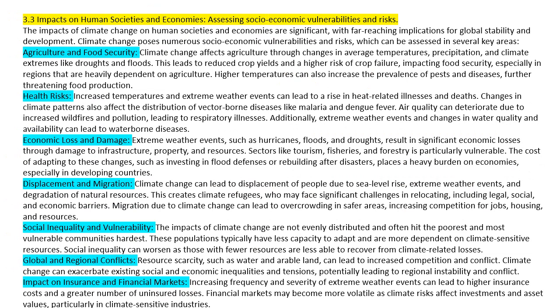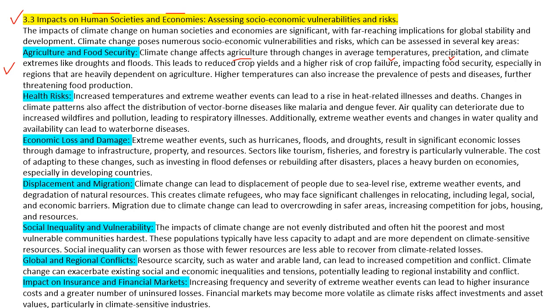The next point is how it is affecting human societies and economies. The first and foremost thing we are dependent on for our food is agriculture. So climate change will affect agriculture due to the change in temperature and precipitation.